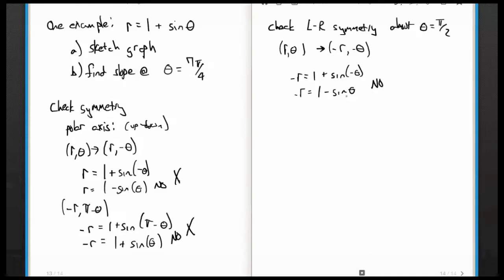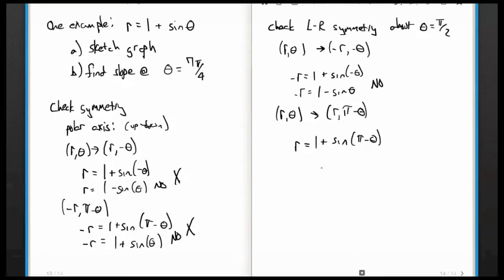But we can also try this other option where it's positive r and then the supplement. So r theta goes to positive r and then pi minus theta. And so we'll plug that in. So positive r equals 1 plus the sine of pi minus theta.